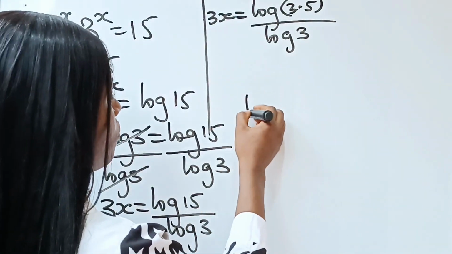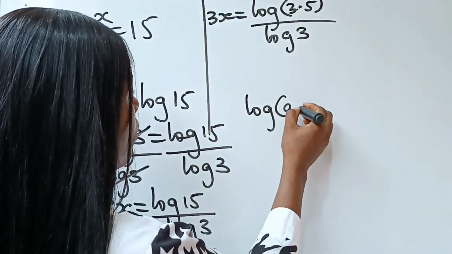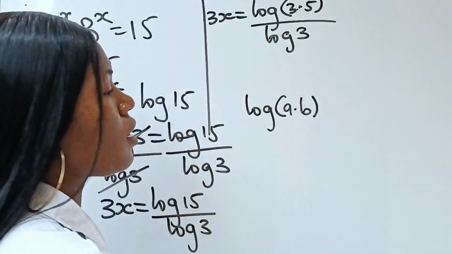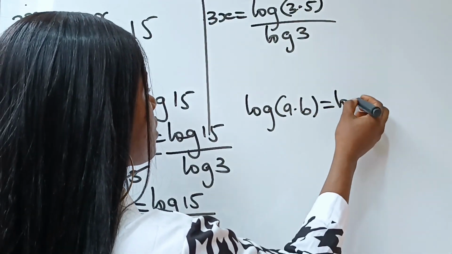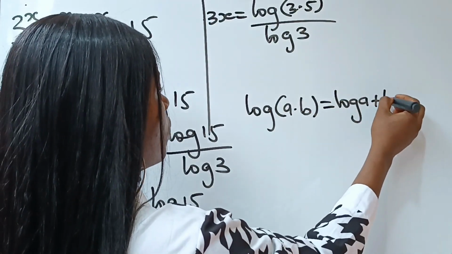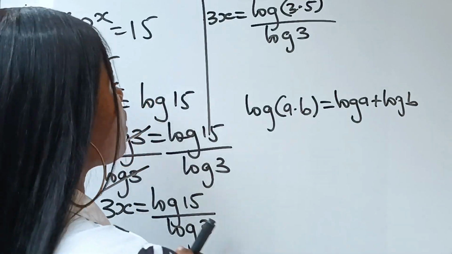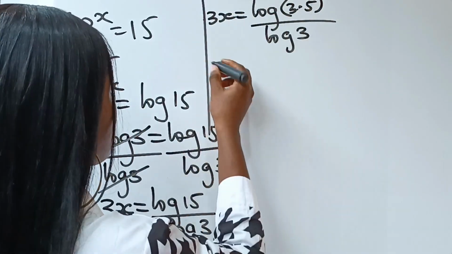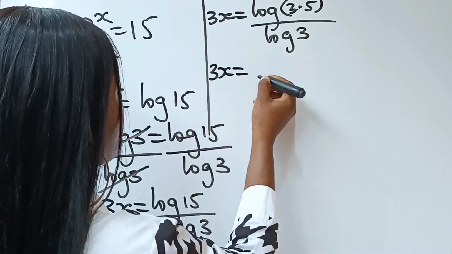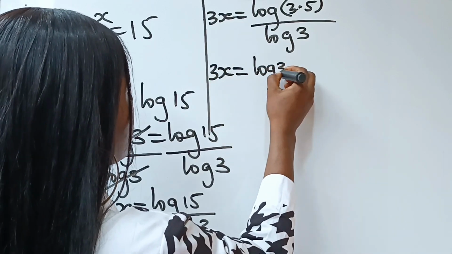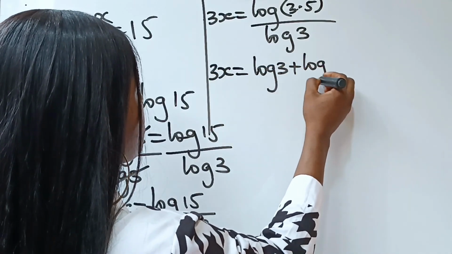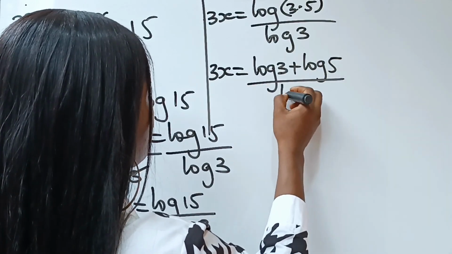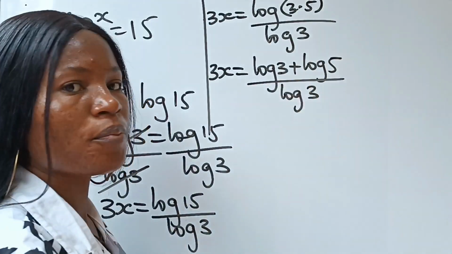Now when you have log a multiplied by b, this is the same thing as log a plus log b. So that simply means that we can rewrite this as 3x is equal to log 3 plus log 5, divided by log 3.